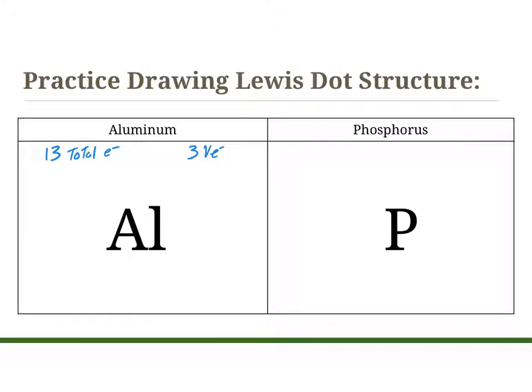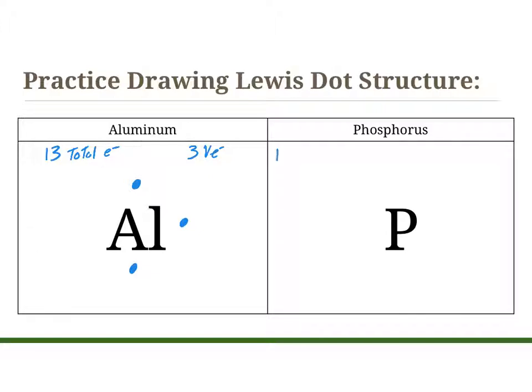So when I draw the Lewis structure for aluminum, I'm going to put 1, 2, 3 electrons around it. Because that tells me the number of valence electrons. Phosphorus has how many total electrons? Look on the periodic table. 15.